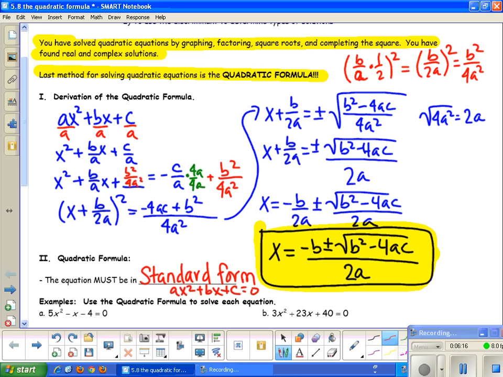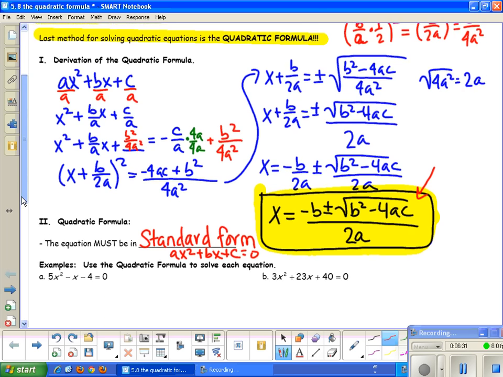And notice for the formula, we have a b, an a, and a c. Where did these numbers come from? They come from the a, b, and c of the standard form that we've been using to find the vertex of our equation when it's in standard form.